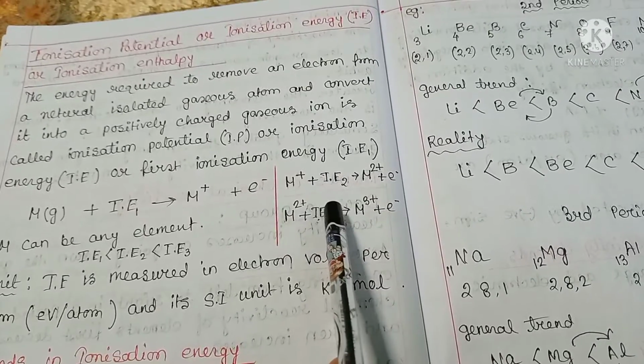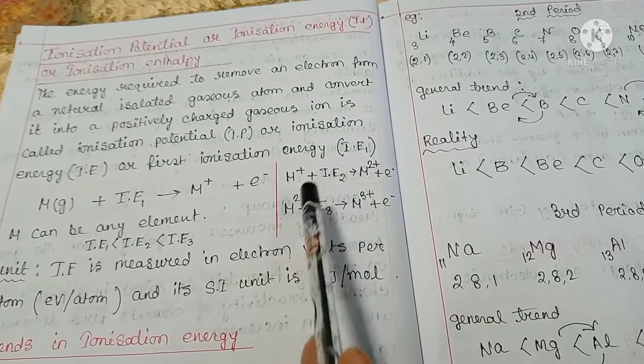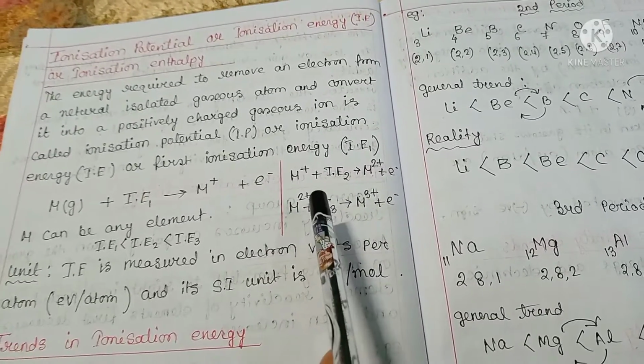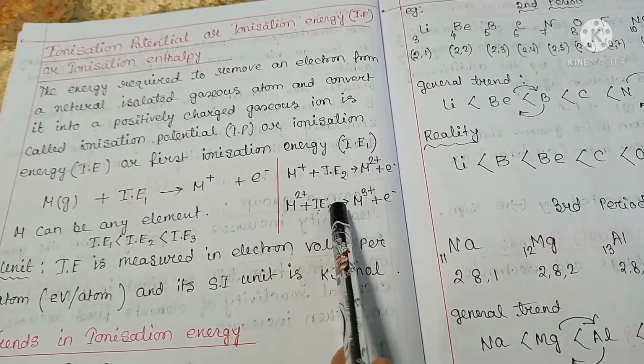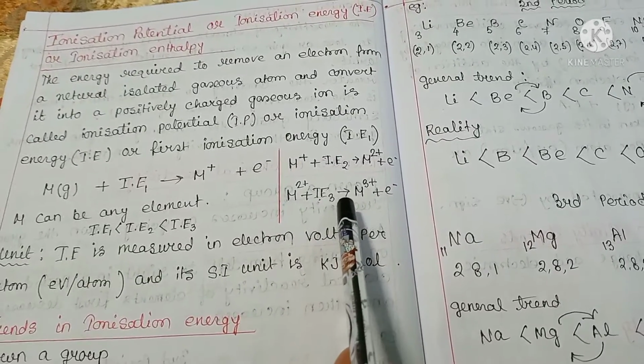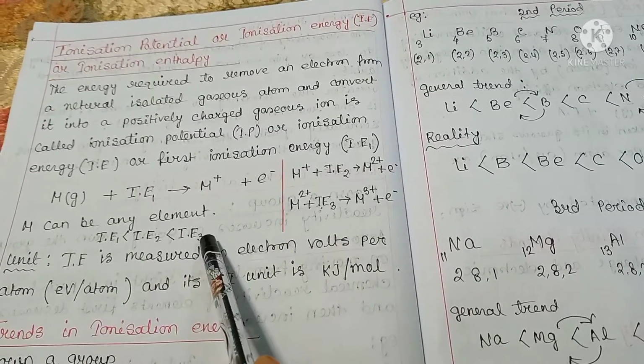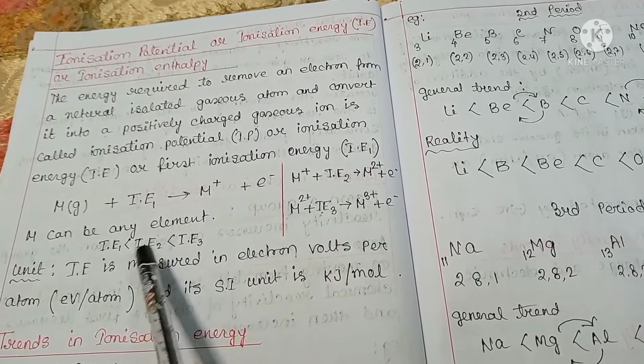Here electrons are tightly bound by the positive ion due to increased attraction force. For this, second ionization energy is higher than first and third ionization energy is higher than second.